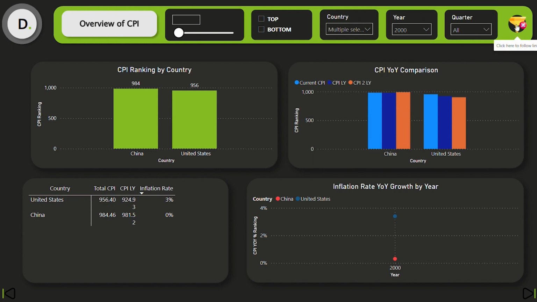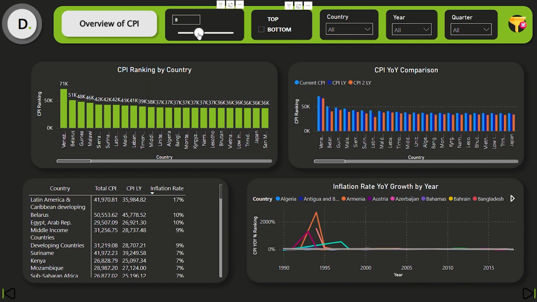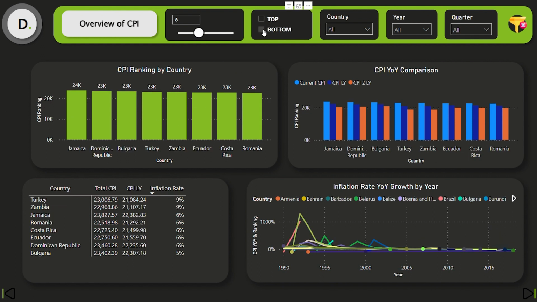States, right? We can also have a look at the top 8 countries with the highest CPI rates overall, and also have a look at the bottom countries with the lowest CPI rates, including the CPI data of all the years.